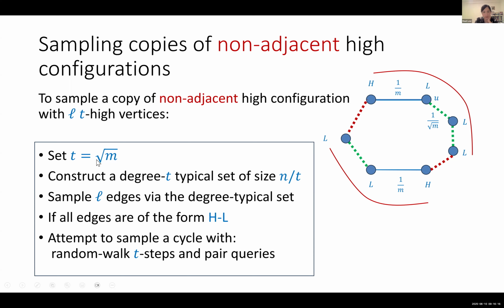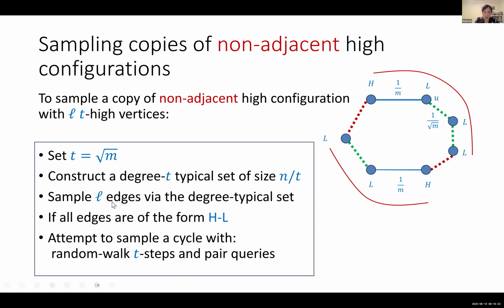Then the procedure for sampling such copies proceeds as follows. We set T to be square root of m, and then we construct a degree T typical set of size n over T, so we can support random edge sampling for vertices of degree at least T, namely for T-high vertices.